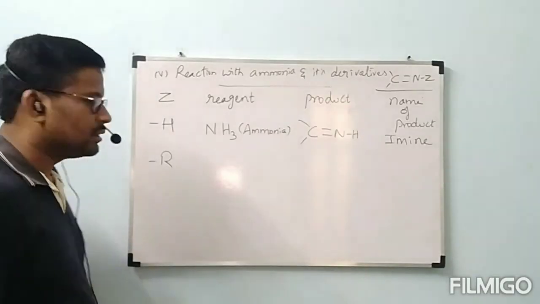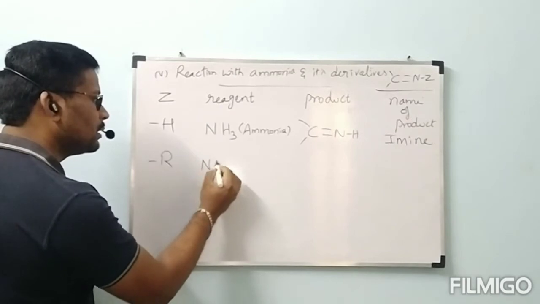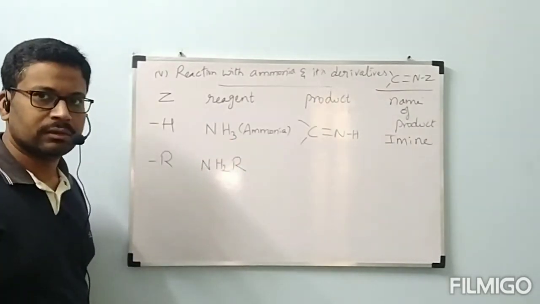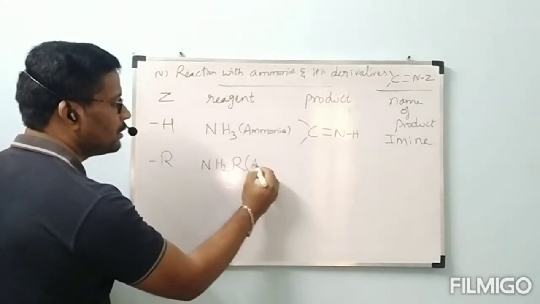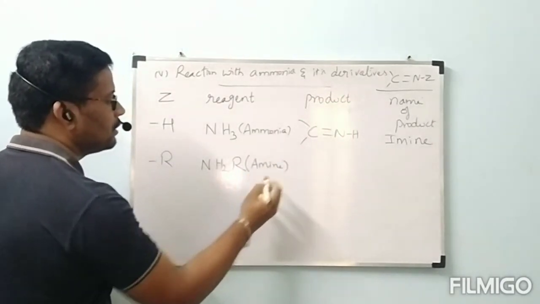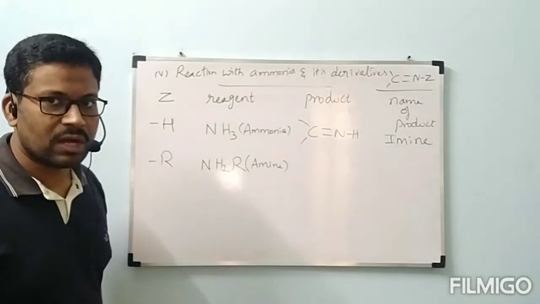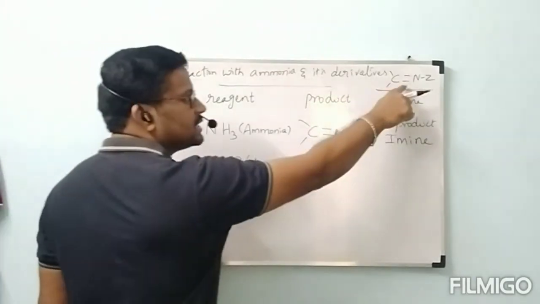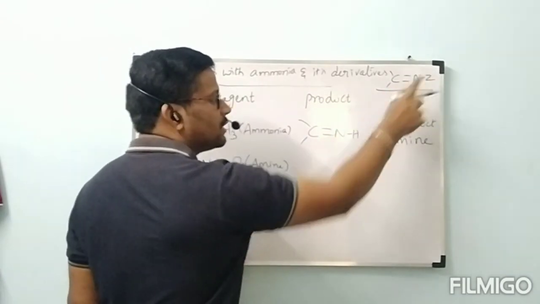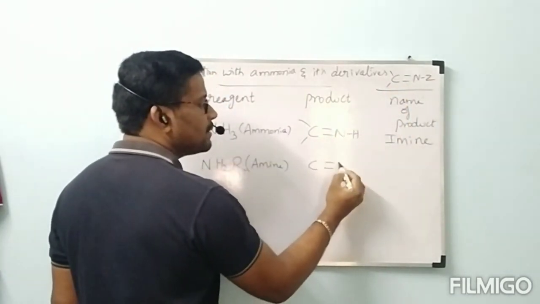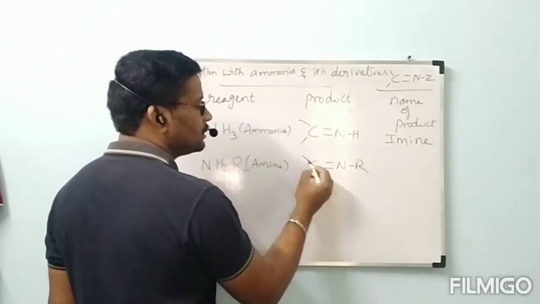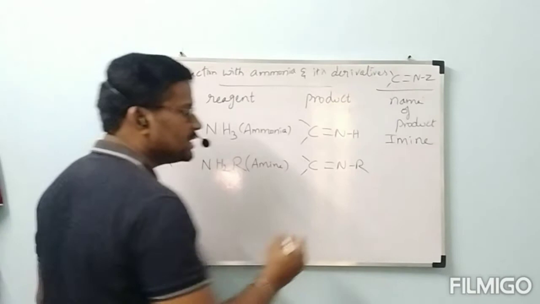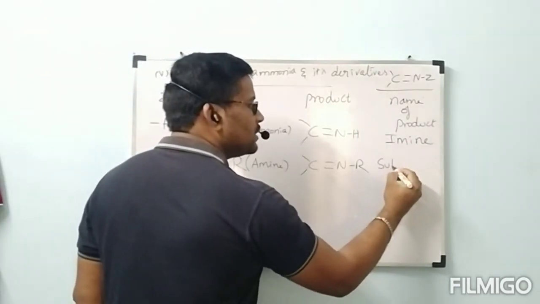Next, if Z is equal to R group, NH2R, reagent name: amine. RNH2 is called amine, we know already. Then C double bond O reacts with this one. What is the Z? R. So we will get the product C double bond NR. This is called substituted imine.